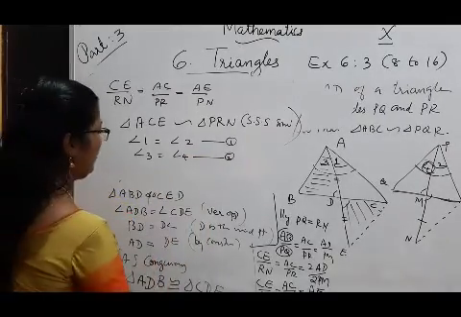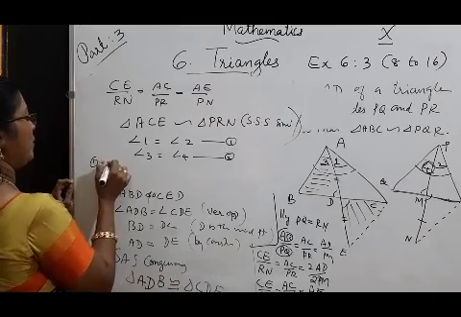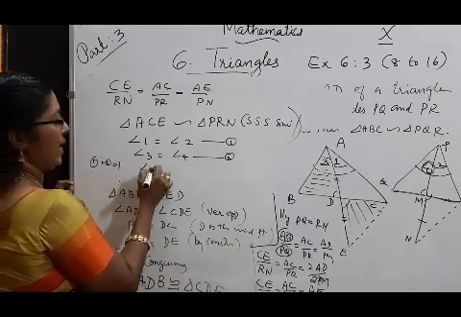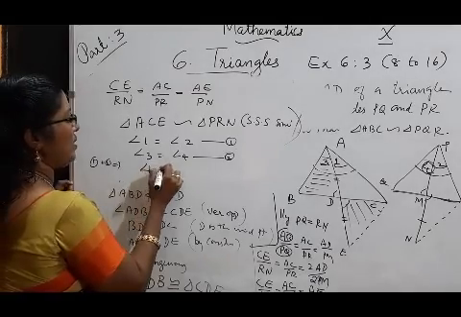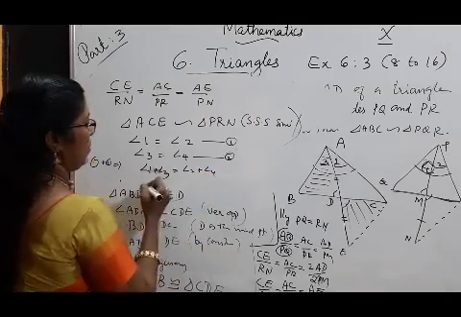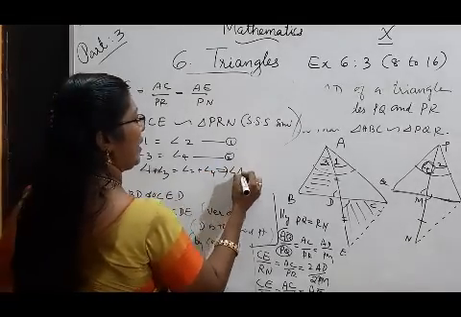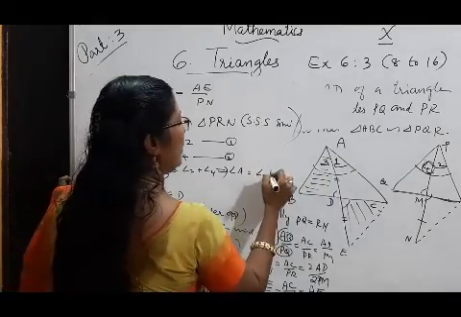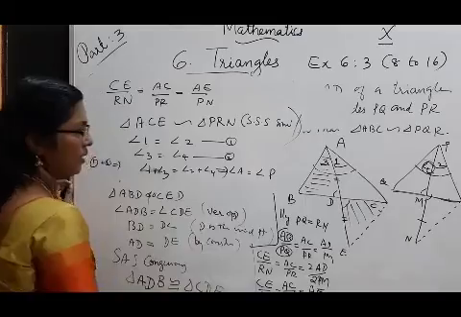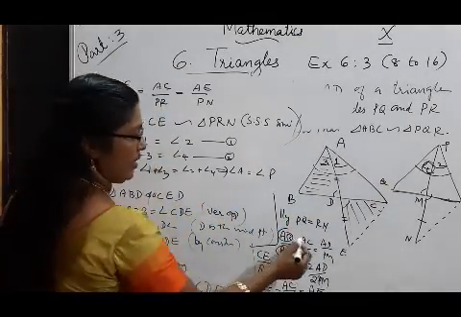Then adding angle 1 and angle 2, angle 1 plus angle 2 is angle A. Here angle 1 plus angle 3 equals angle 2 plus angle 4. Angle 1 plus angle 3 is angle A, equal to angle P. Angle A and angle P are equal, and in triangles ABC and PQR, what is given?